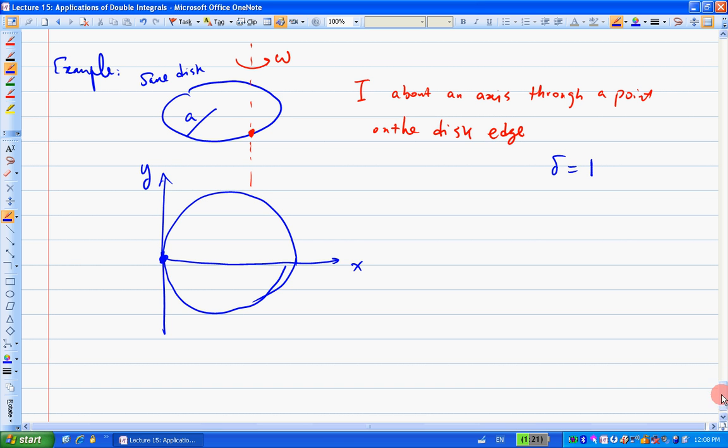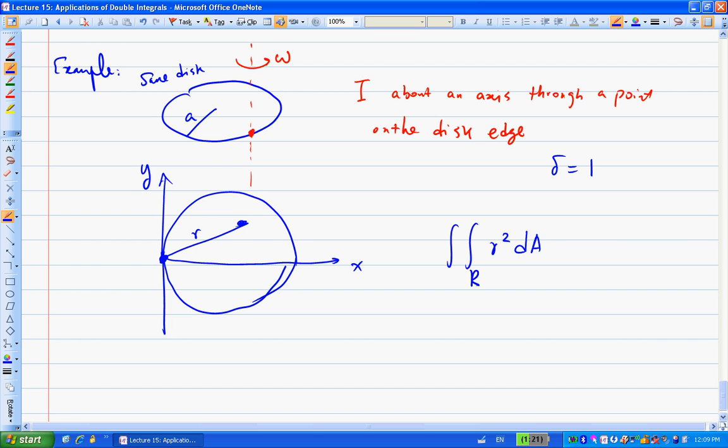So what's the formula? R squared. If you pick any point on the disk, then you calculate the distance from that point to here. That's R. And it's R squared, delta is 1, so dA.